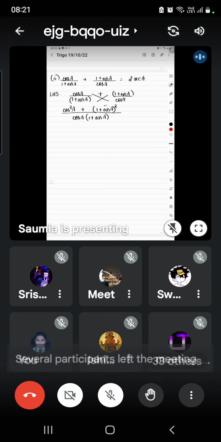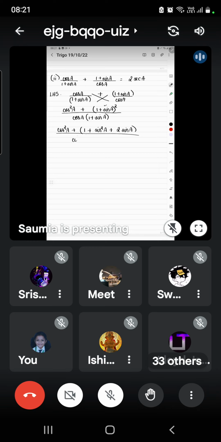The next step is to open this bracket. This bracket is of the form A plus B the whole square. So A square plus B square plus 2AB. Correct? Upon cos A into 1 plus sin A.